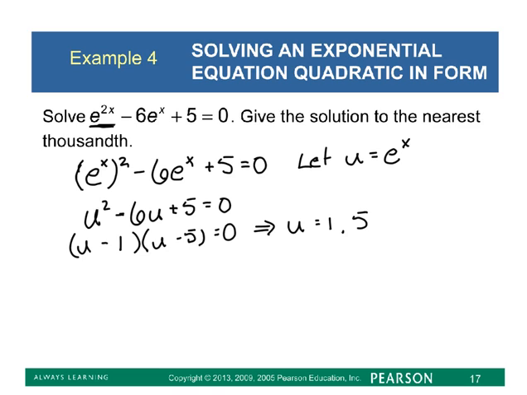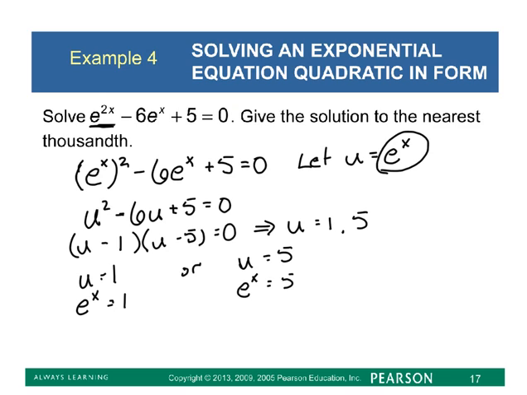So now what we're going to do is, since u is equal to 1 or u is equal to 5, we're going to substitute what u is equal to, which is e to the x, back in for u. And solve.